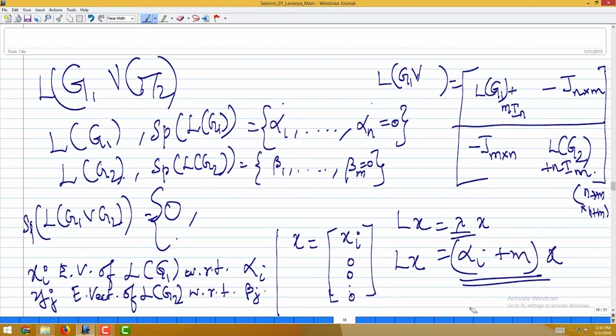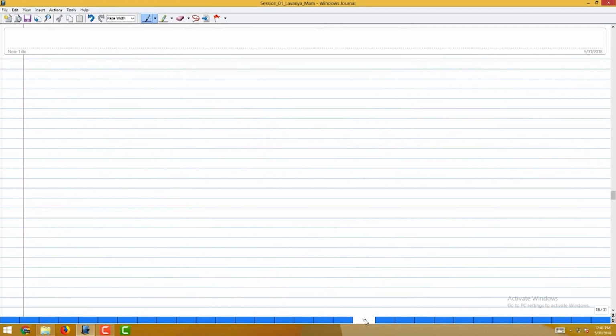Similarly, if I look at the m minus 1 entries, that would also give me a similar expression. Say Ly if I take, y is going to be nothing but, so let me write it here. Let y be equal to the first n zeros, followed by the vector yj, the eigenvector of L of G2, from there you pick it up.